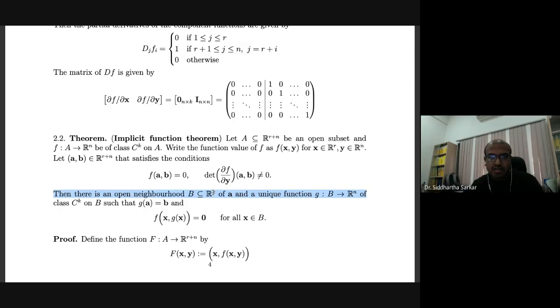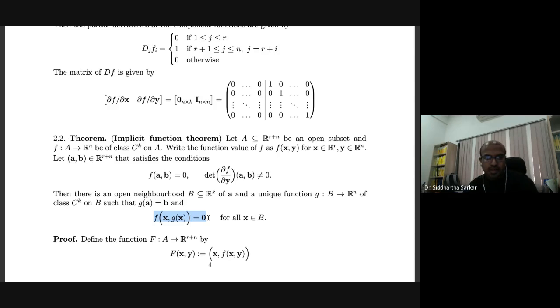So b is contained in R to the power n, and I have a unique function g of class Ck, which takes a to b, and which looks locally like x comma g(x). And if I apply my function f over there, I end up getting the zero value.